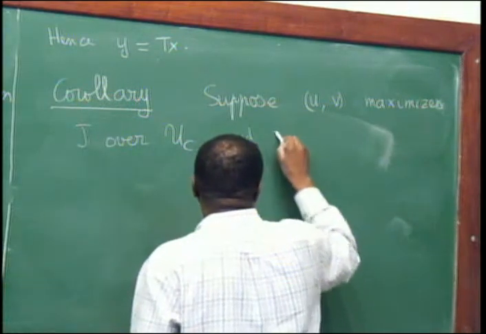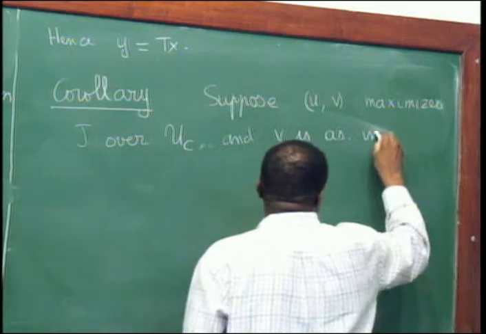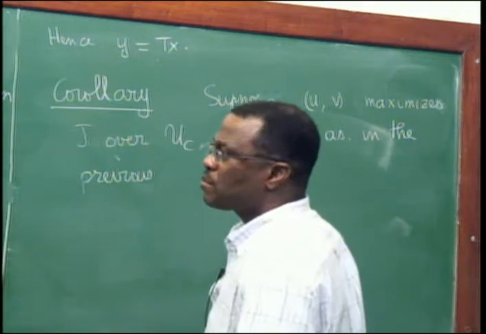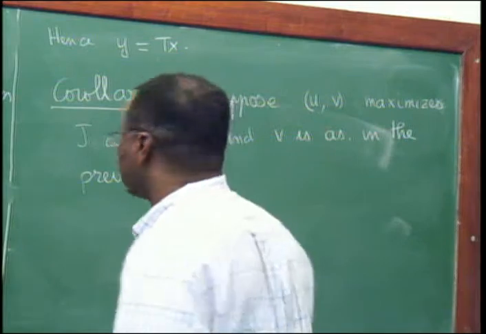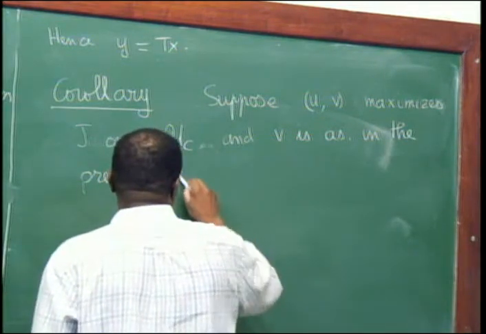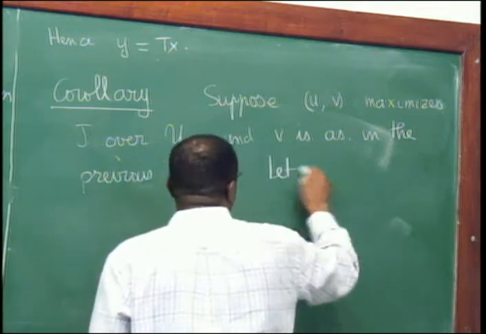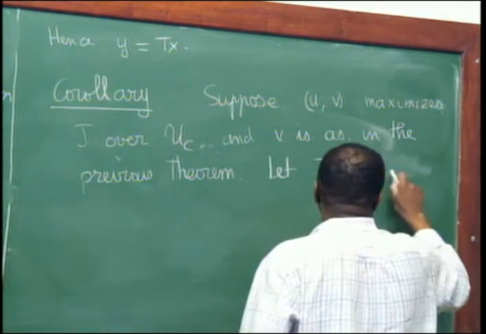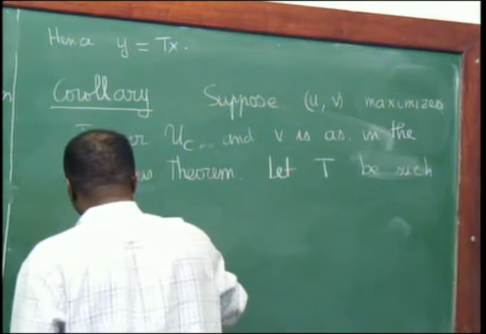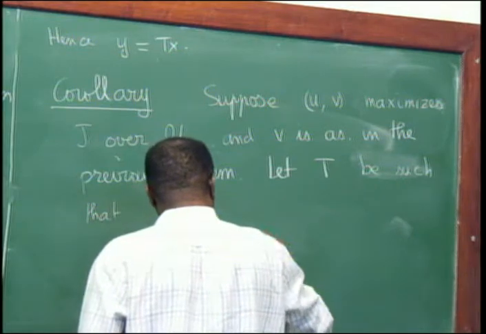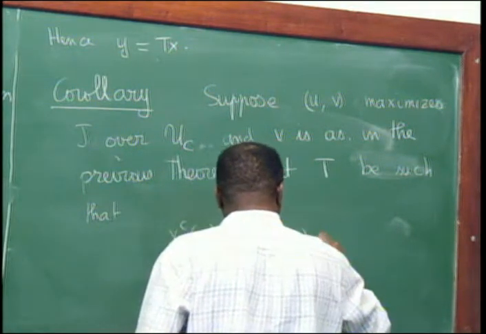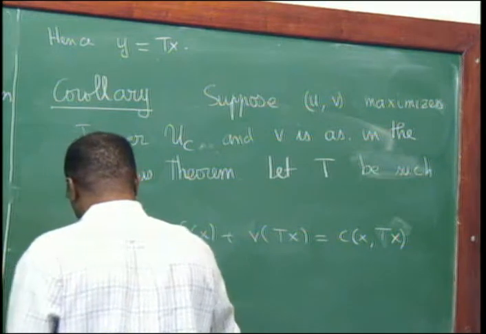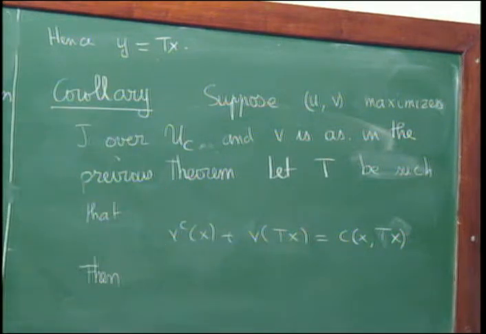And V is as in the previous theorem. Let T be the map such that Vc of x plus V of T of x equal to C of x, T of x. Then T is optimal.